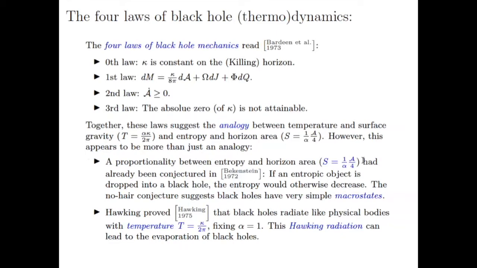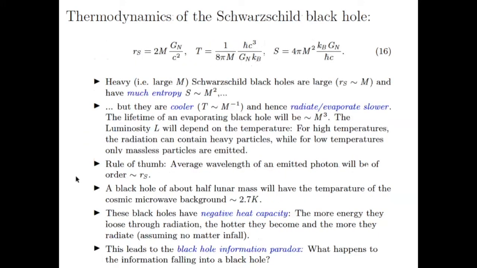Well, it's in a sense encoded in the entropy of the horizon, which increased when that object fell in. But now that black holes can evaporate through these quantum processes, and they might even disappear, the question is, where does this information then go? And as I said, we're going to look at the black hole information paradox more next week.